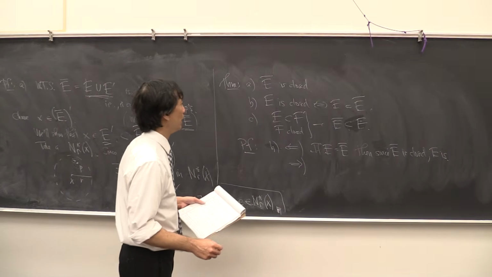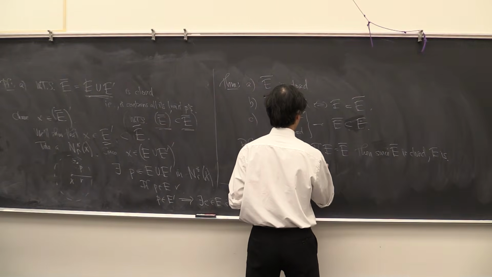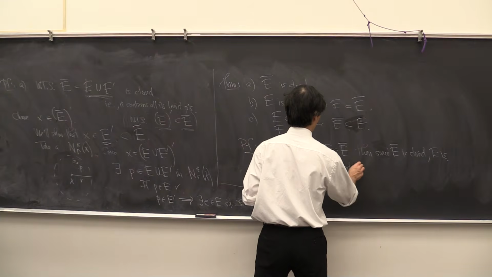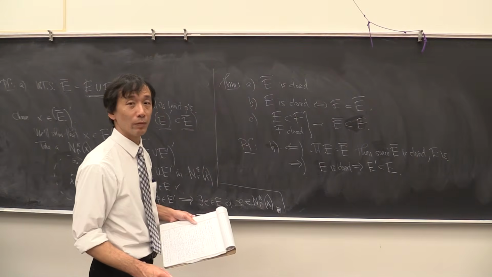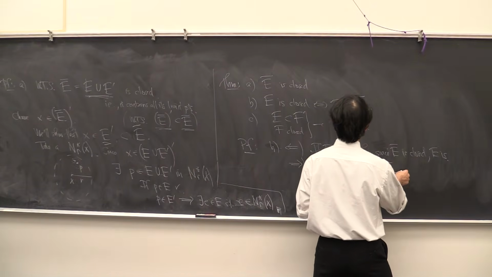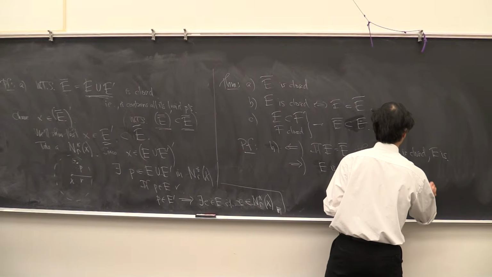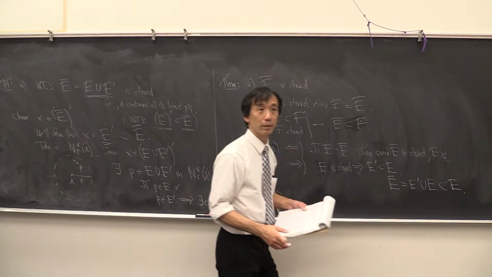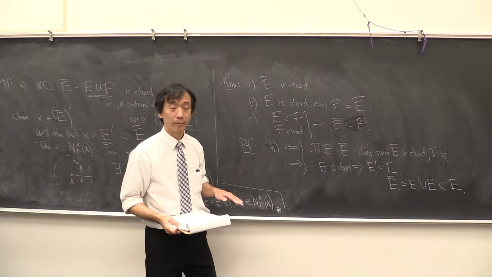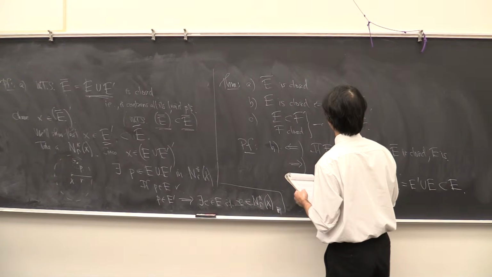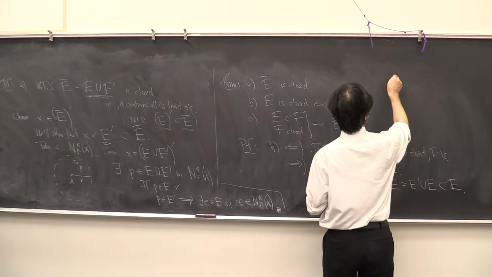Going forwards, if E is closed, then E prime is contained in E. That tells us that E bar, which is E prime union E, is contained in E. What we're trying to show is that these two sets are equal to each other, so we'll do that in two parts.